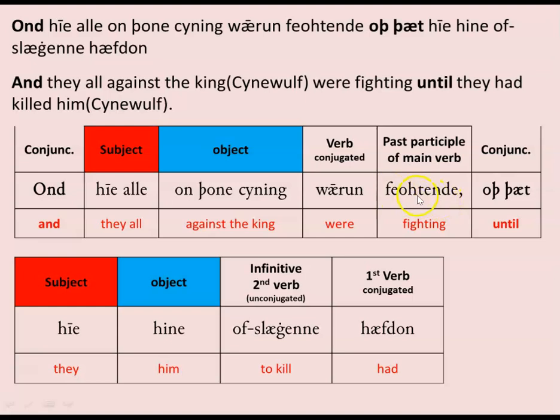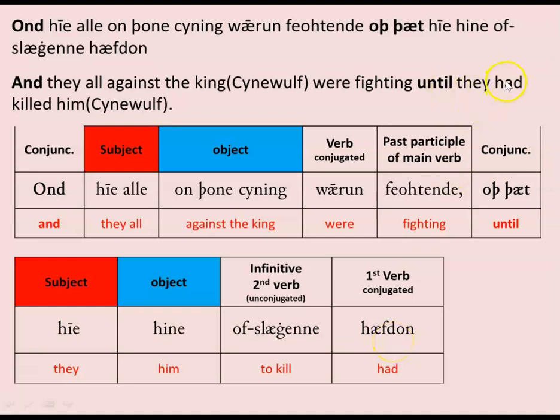Okay, this one, the subordinating conjunction "off that", and then the subject here, "they", the same as this "they" up here. "Hina", him, in this case, him, it's the accusative "hina", so it's the singular accusative, so we know it's him, he, the king. To kill, that's the infinitive verb in the second last place. The first verb conjugated because it's the subordinate clause.